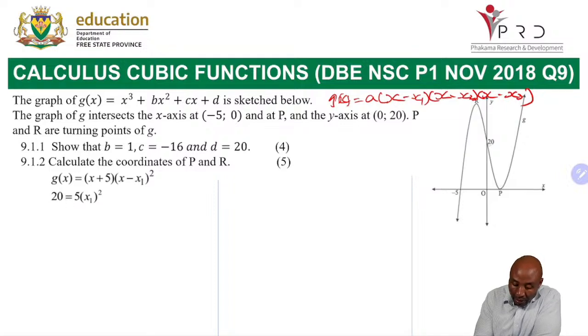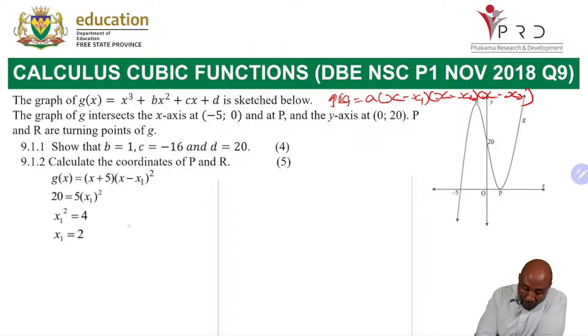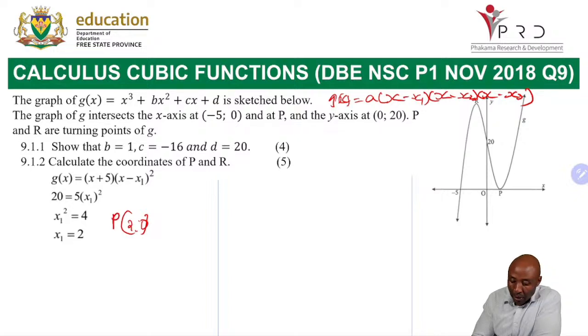When our x is 0, our y is 20, we substitute the coordinates of that point and we get 5x squared. Our job is to solve for x. So we get our x1 as 2. So the coordinates at point P will be 2 and 0. Those are the coordinates at point P. So from there on, we are able to get our g of x as that.